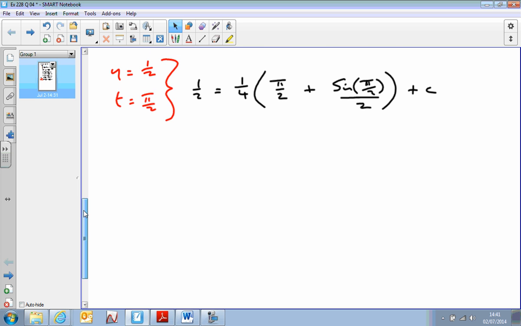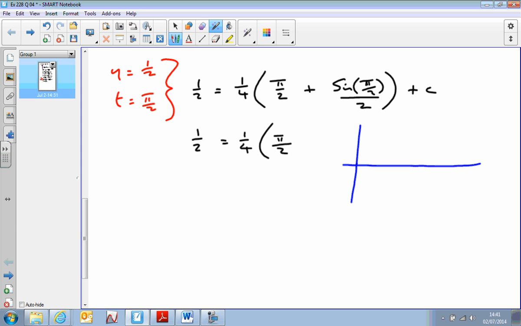Okay, so looking at this, a half equals quarter pi over 2. Well, sine pi over 2, if you remember, your sine wave starts at 0 and goes up like this. A full wave is 360 degrees, so that's 360, so this must be 180. So in other words, that point there is 90 degrees.